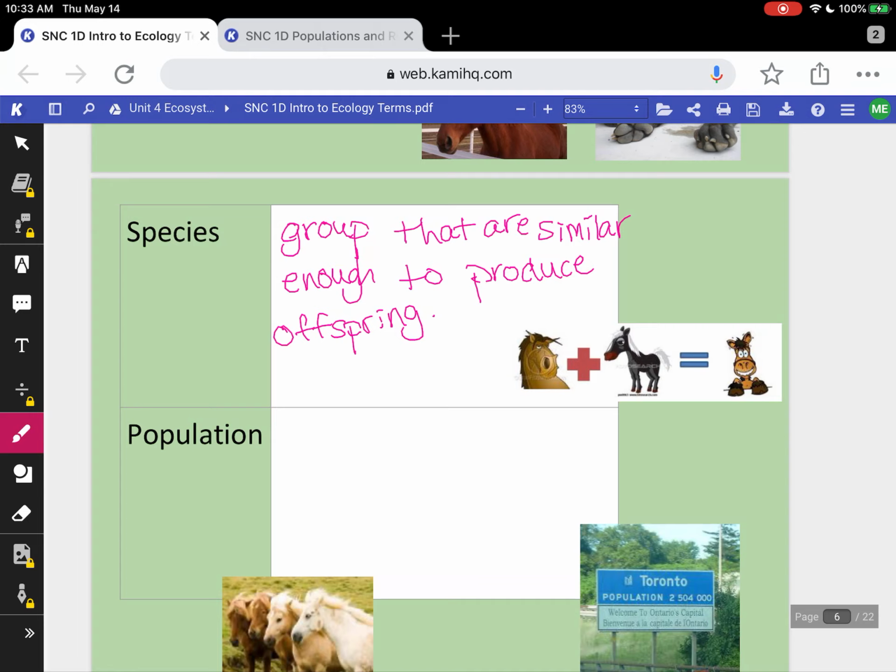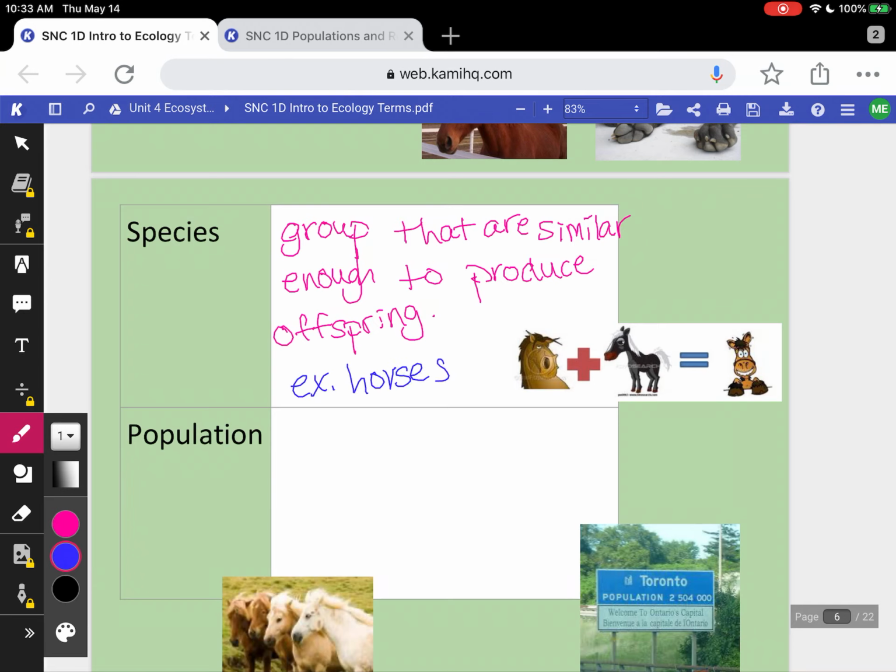Okay, so an example would be horses. There's male horses, female horses, and they are similar enough that they can produce baby horses. Okay, so our example here, we'll use horses. Okay, but people would also work in terms of a species.